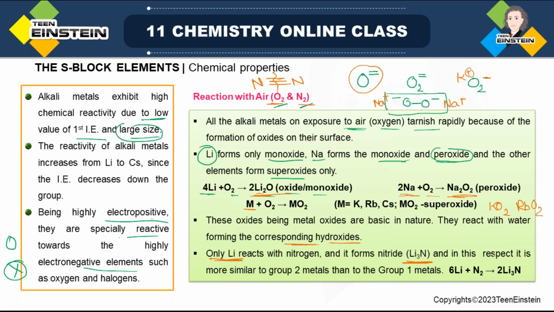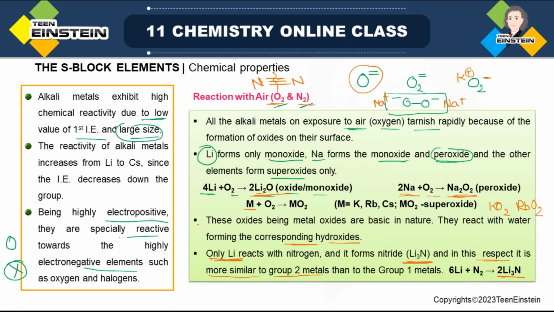One more piece of information: in reaction with nitrogen, lithium is more similar to group 2 metals. We have not even started group 2, that we will see after finishing group 1, but just remember that lithium shows some similarity with group 2 metals, which also form this type of nitride when they react with nitrogen.